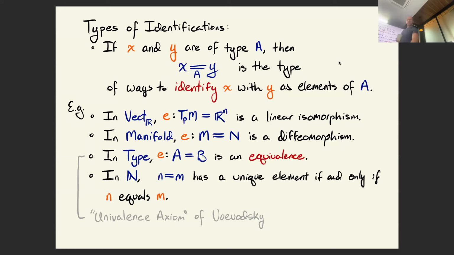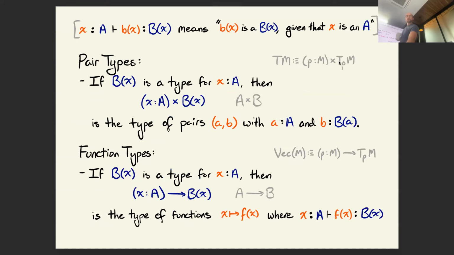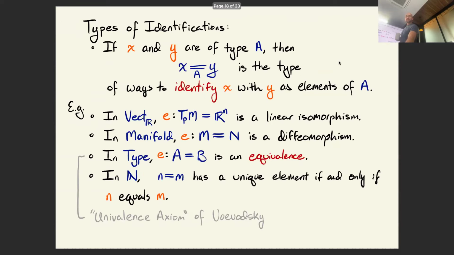Because we have a very small number of constructions here, we can inductively compute the ways to identify x with y if we take a few things for granted. In particular, if we take for granted that to identify two types, we give a one-to-one correspondence between them, which is known as Voevodsky's univalence axiom, then we can in fact prove all these other statements. Okay, so these are theorems, not definitions.